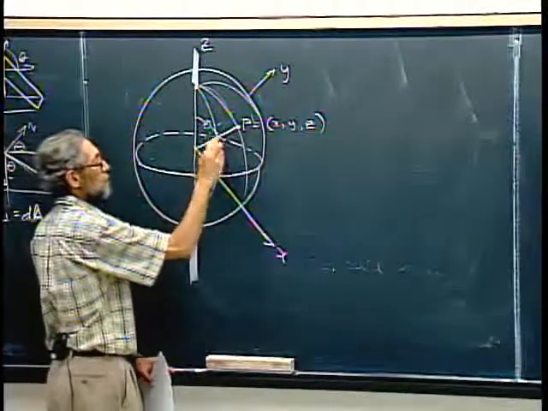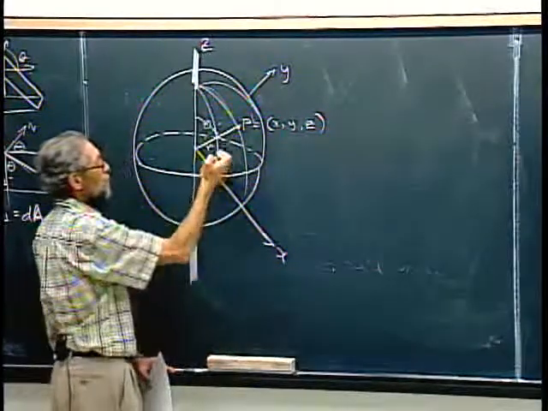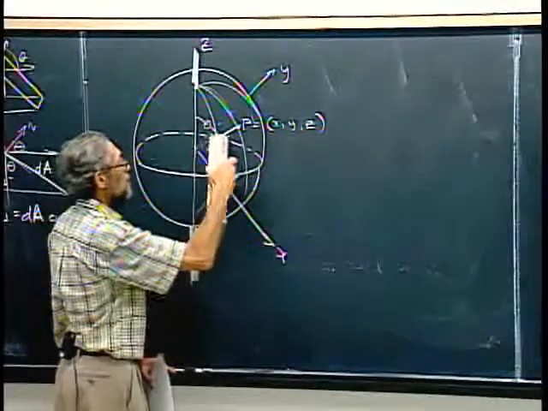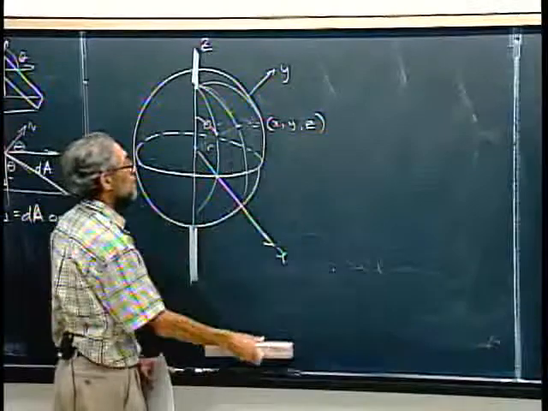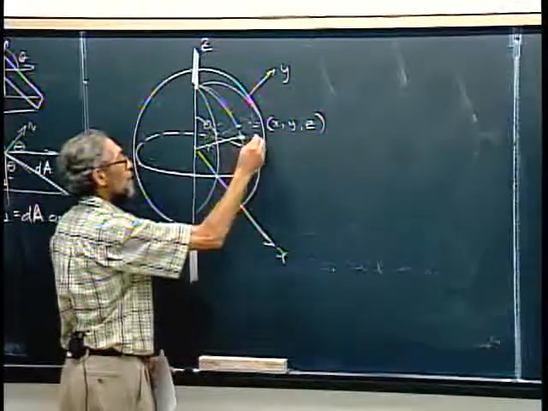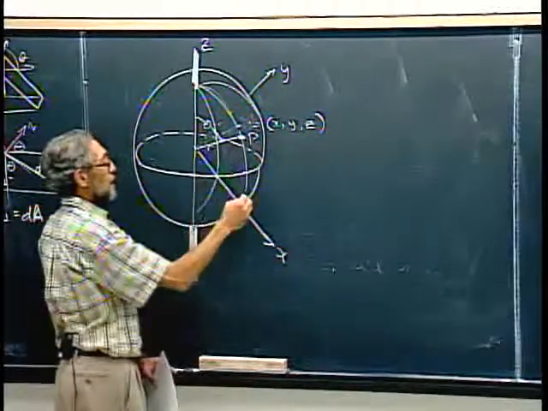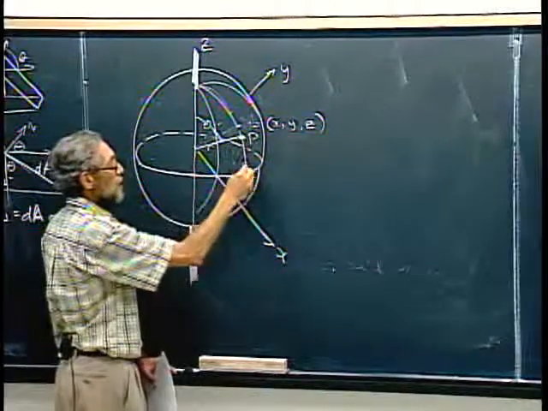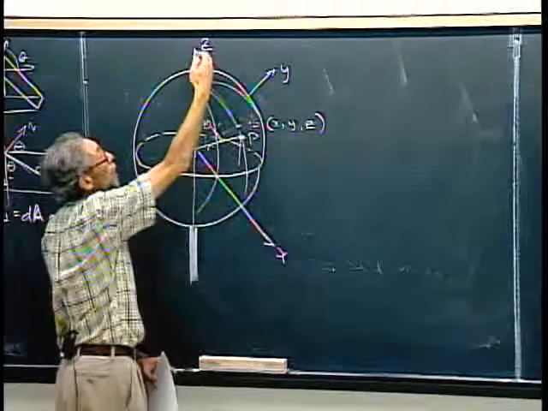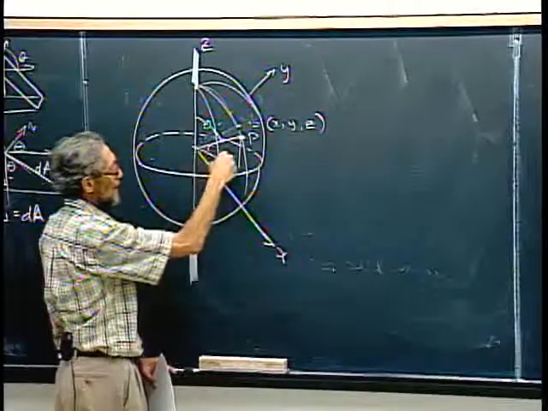The fact that this thing went through this x-axis plane is purely coincidental. Let me make it so it doesn't, because it's confusing if it does. Let's say here is the point. So this angle now is theta, and now we come either down this arc or straight down in the plane through the z-axis, the North Pole, and this point, and we get an angle.